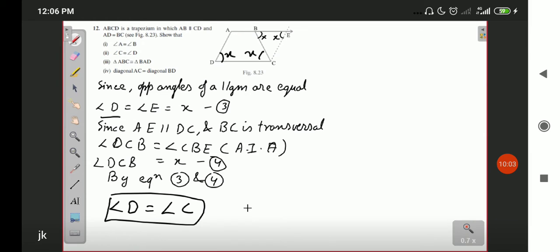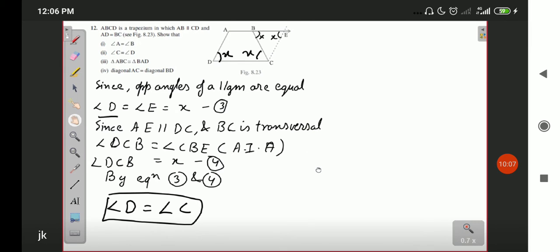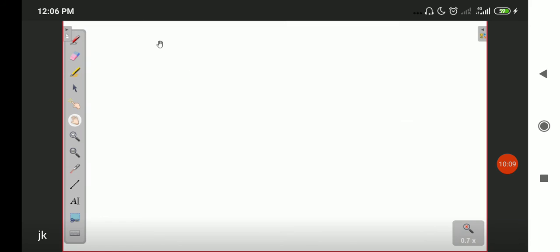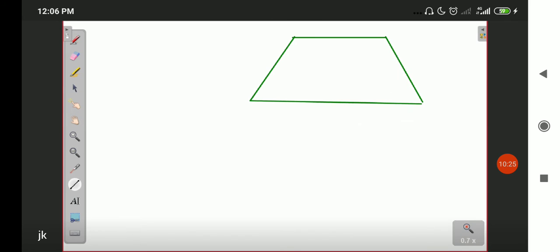For the third and fourth part, I will redraw the figure for you so that we can easily do the third and fourth part and you can understand how they are different from the rest of the question. This was the trapezium ABCD, these are equal sides, and this is the third side.